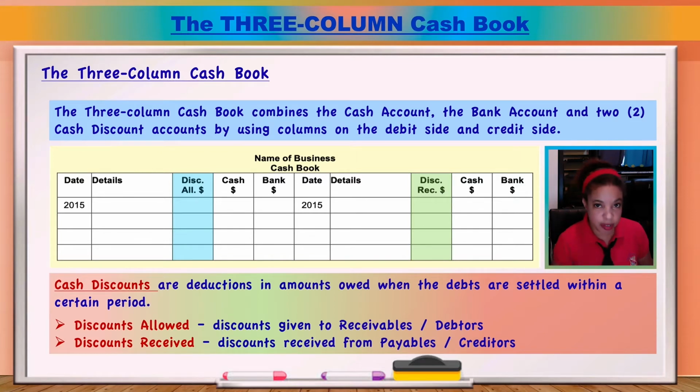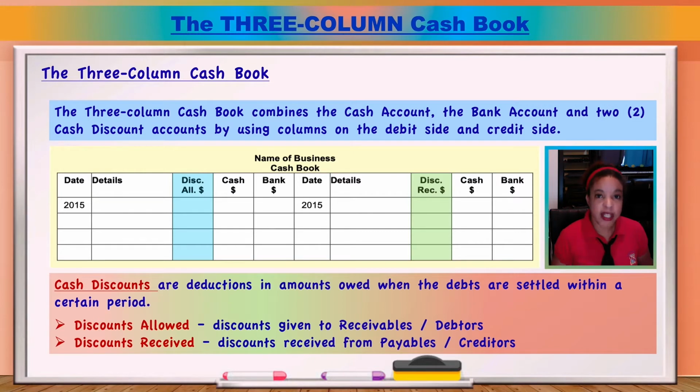But if you were to pay, say, within a month's time, which is earlier, we will give you a cash discount, which would mean that you would not owe the full $2,000, but you would owe less.